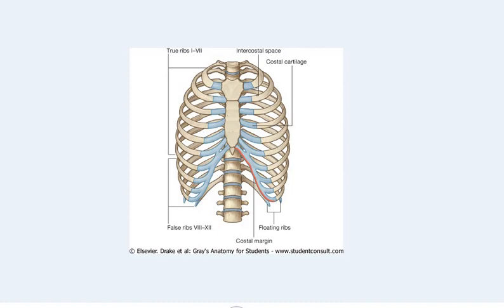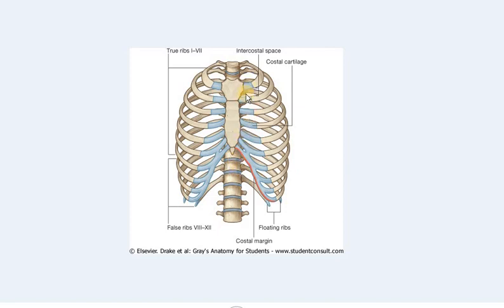In this picture you can see the thoracic cage. This thoracic cage is anteriorly formed by the sternum. On the lateral side it is formed by the 12 ribs on either side, and posteriorly it is formed by the 12 thoracic vertebrae.